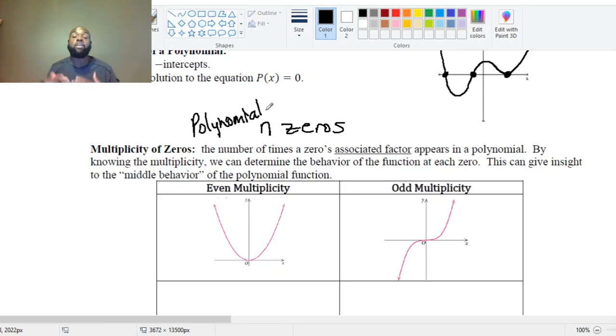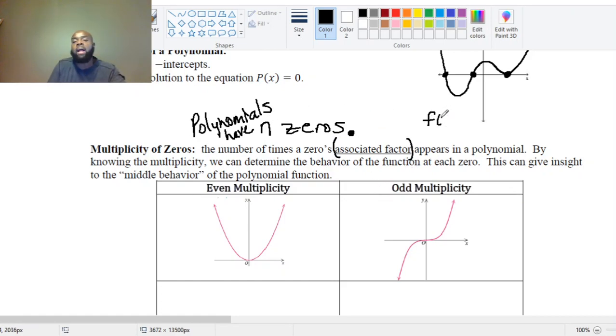That's a member of the complex number system, right? And I told you in a previous video that when you have polynomial functions, you're actually going to be able to find n zeros, right? So polynomials have n zeros. The multiplicity of the zeros is going to be coming from their associated factor, all right? Now, these zeros are not necessarily distinct.